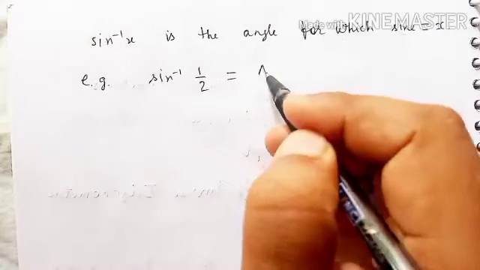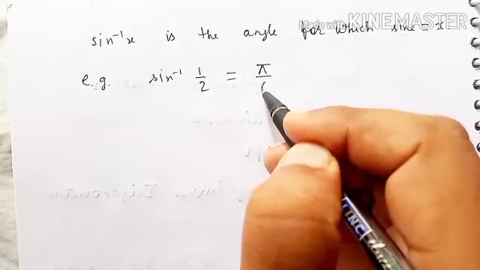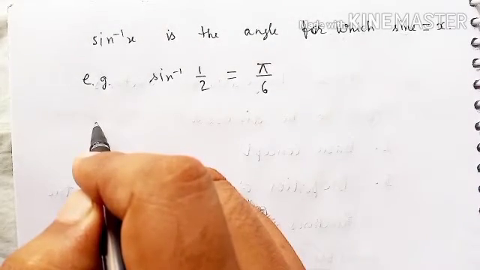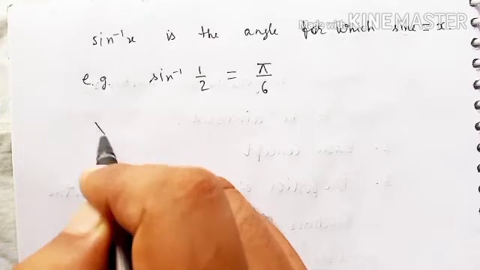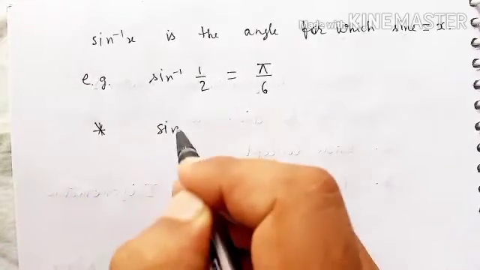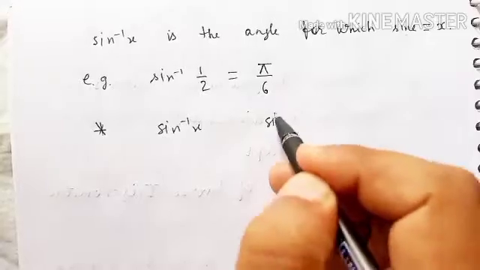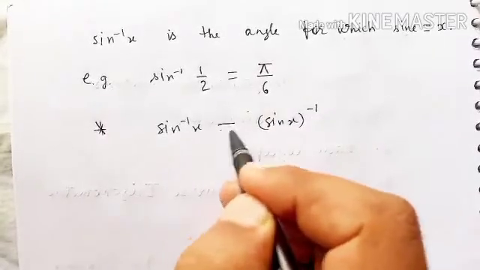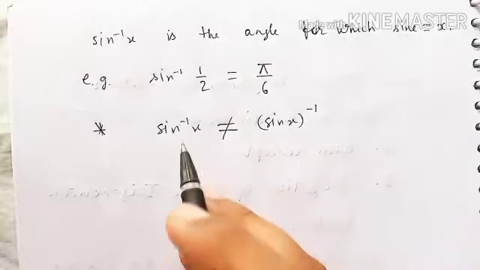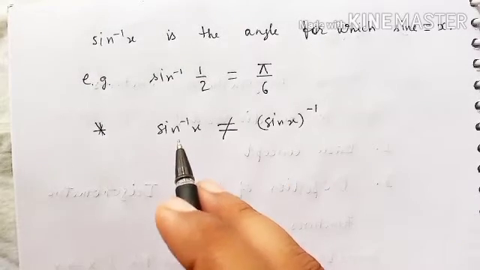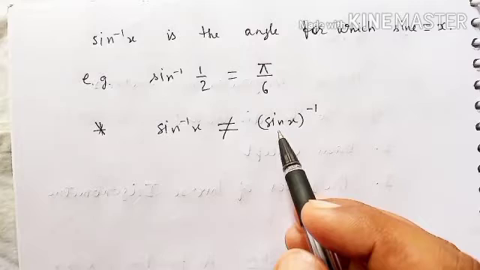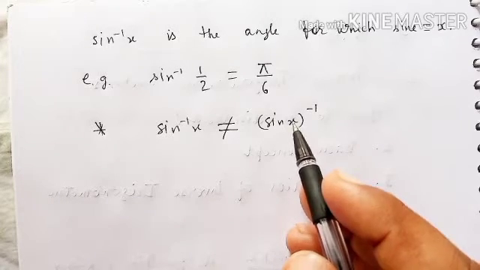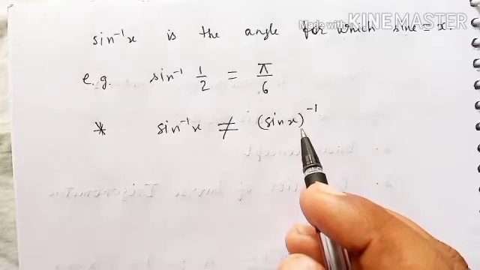So we may write pi by 6. Don't confuse sine inverse x with sine x whole inverse. They are different, because this gives us a real number and this is equal to cosec x.